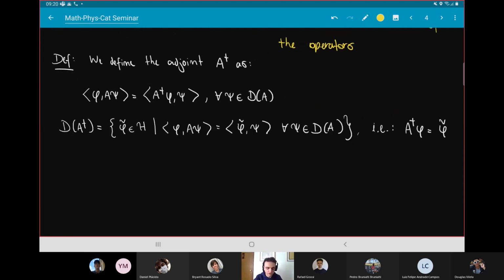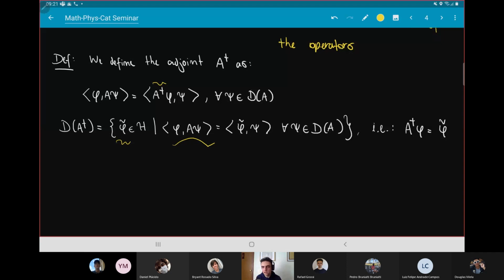Another definition that we're going to have to use to solve the aforementioned problems is the definition of the adjoint operator, which I already mentioned. I said the word adjoint a couple of times during this talk, but now we define exactly what I mean by that. So we define rigorously the adjoint as being the operator A dagger for which you define a domain which consists of any phi tilde which satisfies this condition over here.